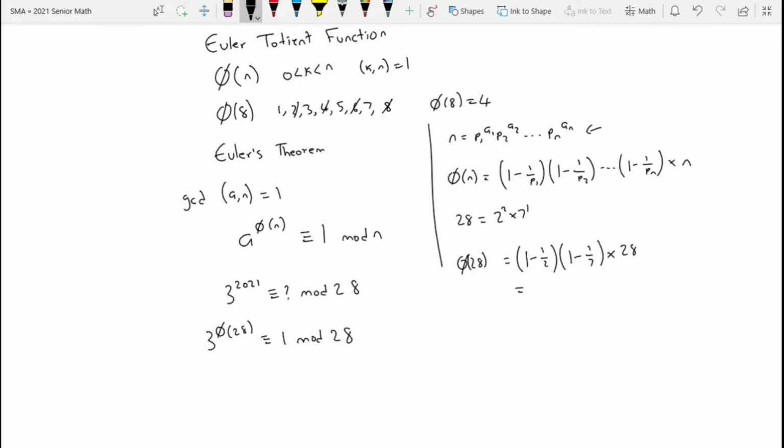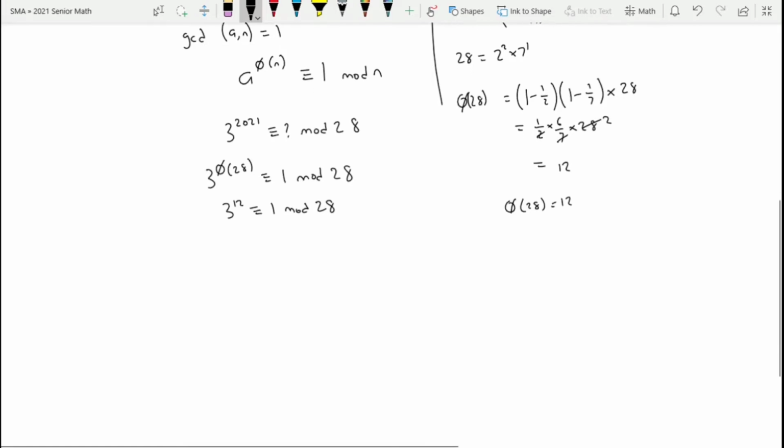We can simplify this to 1 over 2 times 6 over 7 times 28. Then 14 cancels here, and we have 2 times 6, which is equal to 12. So φ(28) is equal to 12, which means that 3 raised to the power 12 is congruent to 1 mod 28.